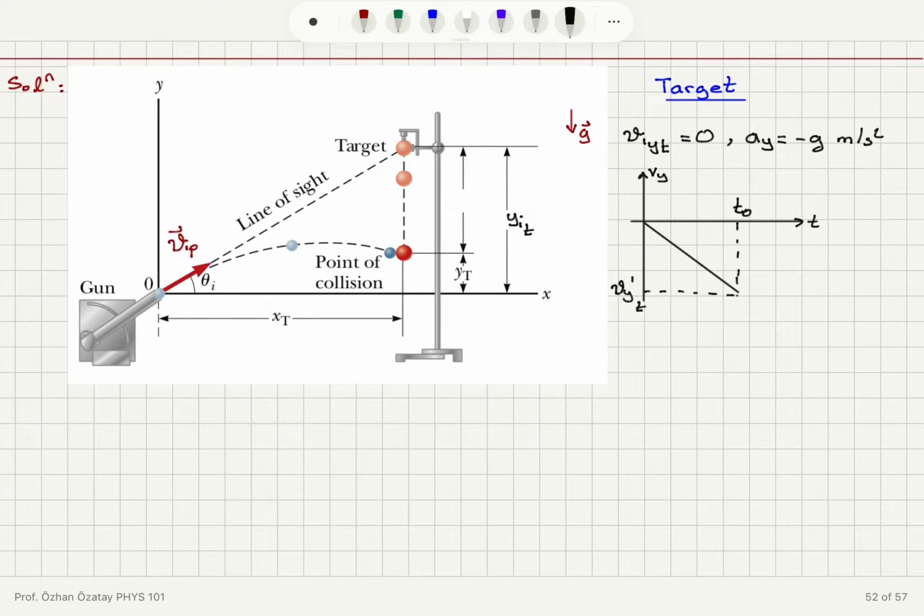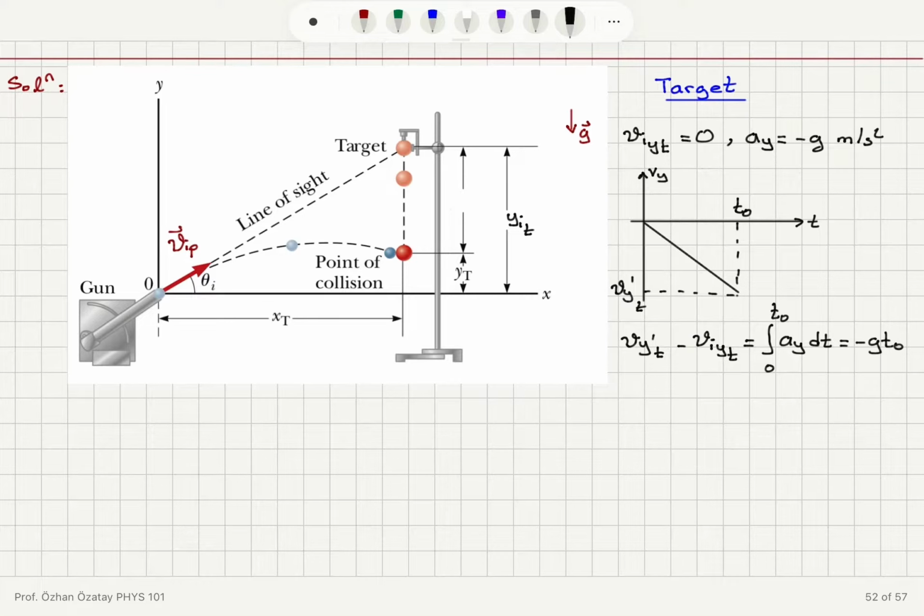Okay, so the difference, Vy prime of the target minus the initial velocity of the target, is the integral from 0 to time t0 of ay dt, which is minus g times t0.